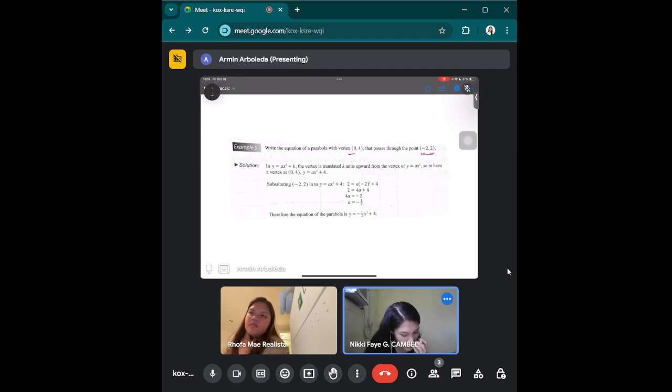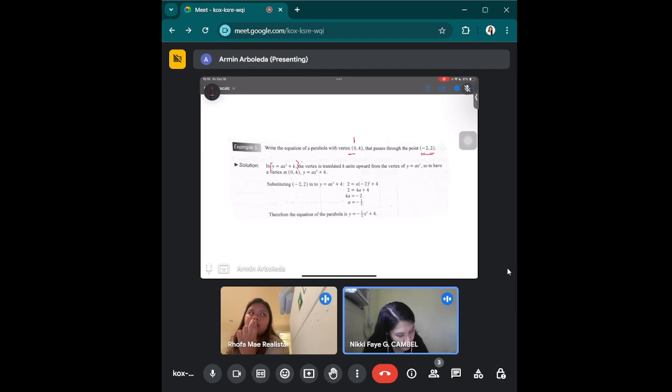So what's the solution? We're gonna write the standard form. This is the standard form for this time. The vertex is translated k units upward from the vertex of y = ax squared. So to have a vertex at (0, 4), it's gonna be y is equal to ax squared plus 4.